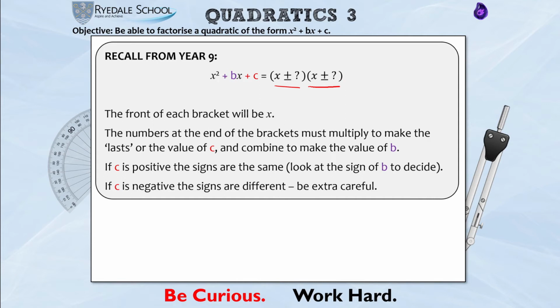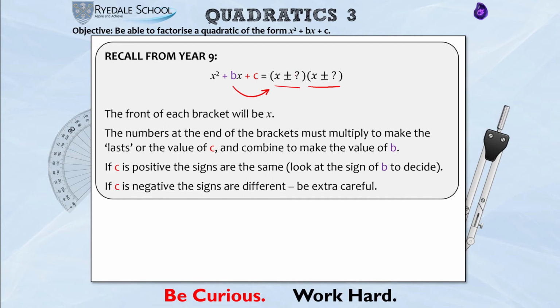So how did we go from here back to here in Year 9? Well, the first thing that we did is we put an x in the front of each bracket, and then we came up with a little bit of a rule. We knew that the numbers at the end, these two numbers that are question marks, must multiply to make the C. And the reason why that must happen is because the C comes from the lasts multiplied together.